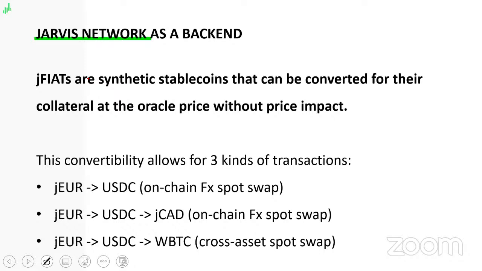So, small reminder: JFiats are synthetic stablecoins that we issue with our protocol, that can be converted for their collateral back and forth at the Oracle price and without slippage.